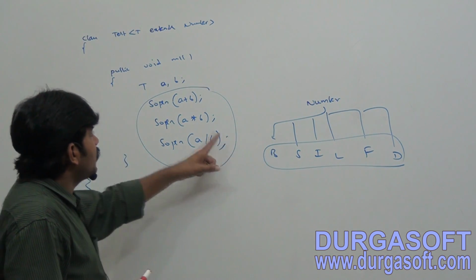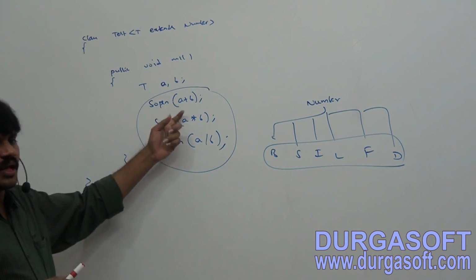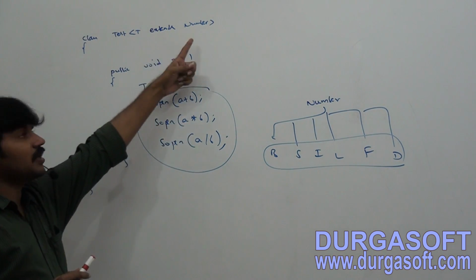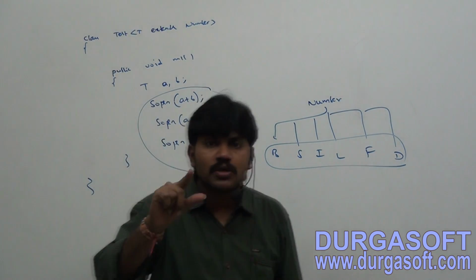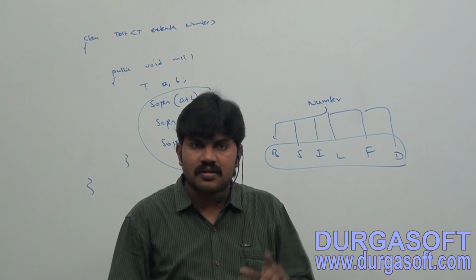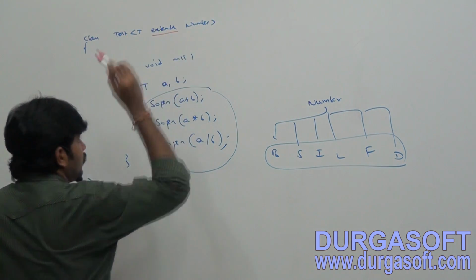At the type parameter we can pass any type, but it should be a child class of Number. So is it possible to bound the type parameter for a particular range? Yes. By using which keyword? The extends keyword.